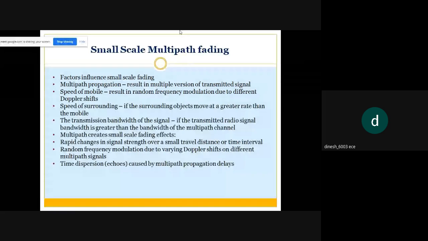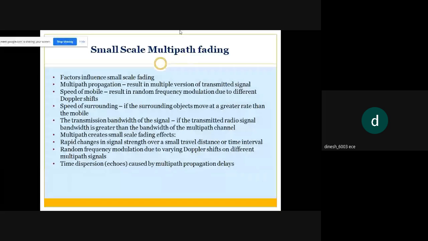The transmitted signal will have a bandwidth which is greater than the bandwidth of the channel. We have three parts in the communication, and in between transmitter and receiver we have the channel. So the channel bandwidth will be much lesser as compared to the transmitter's bandwidth. So fading may occur.